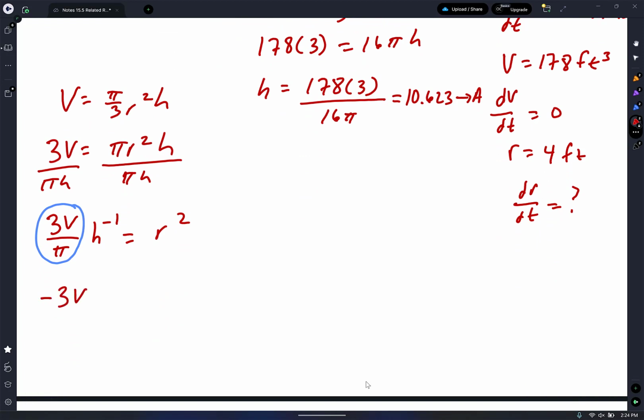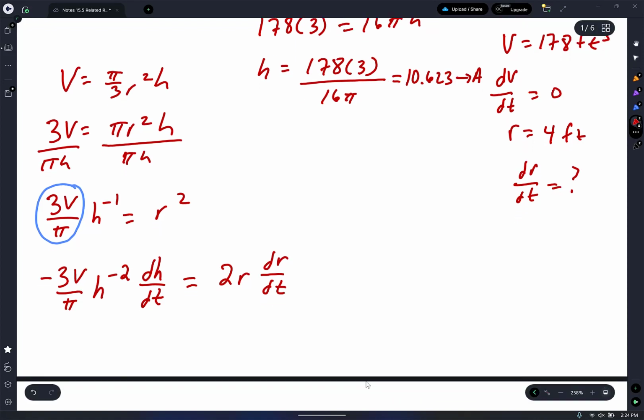Negative 3V over pi h to the negative 2, but I'm taking the derivative with respect to what? Time. So put a dH/dt there, guys. Are we okay with that? Equals 2r dr/dt. Yay or nay? Have I confused anyone?